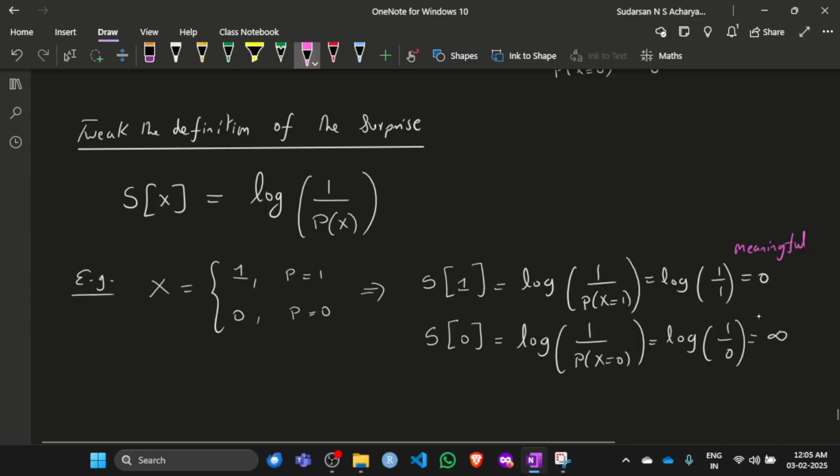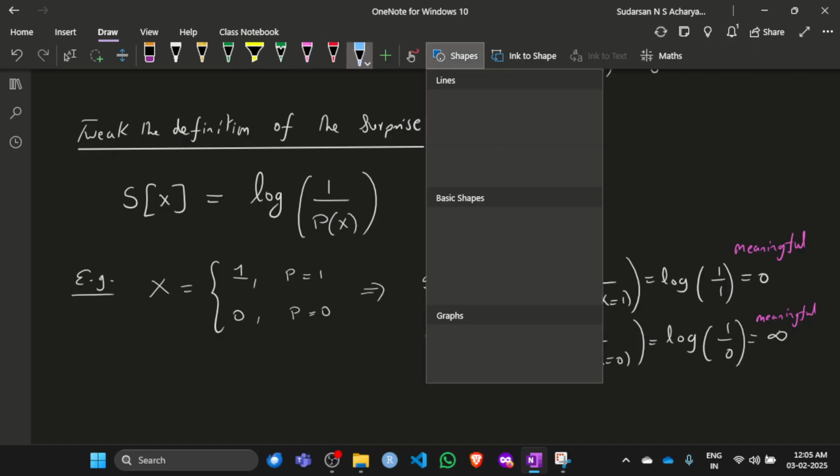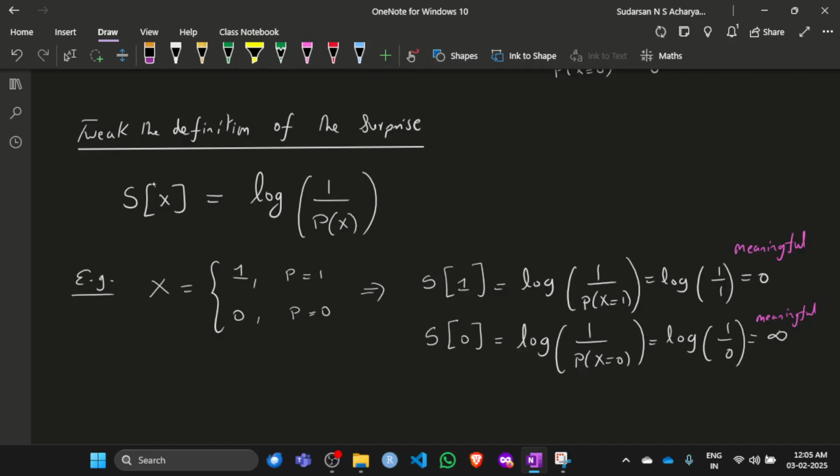So now we have come up with a meaningful definition of the surprise associated with a random variable. And that definition is this. The surprise associated with a random variable for each value, for example, for it to take the value 1, is equal to the log of 1 divided by the probability that the random variable takes that value, right?